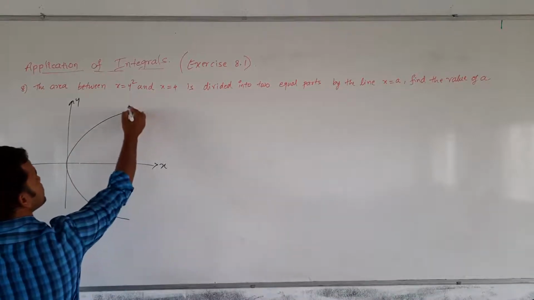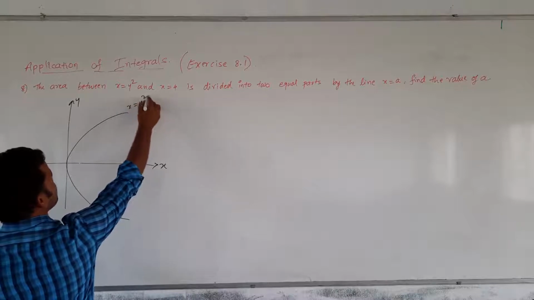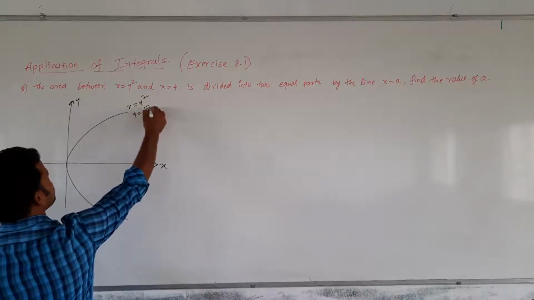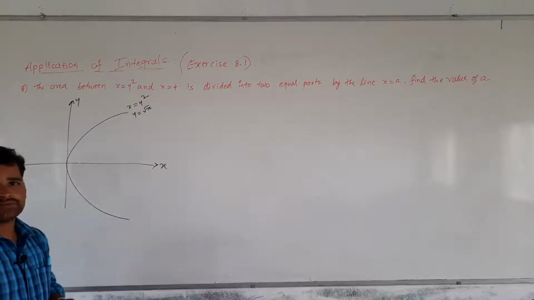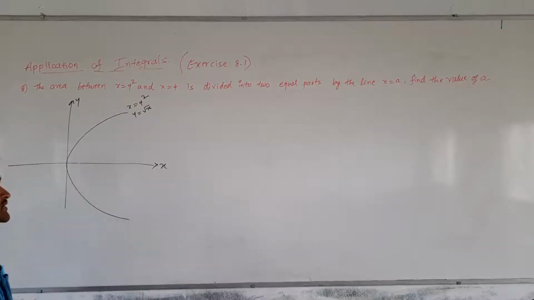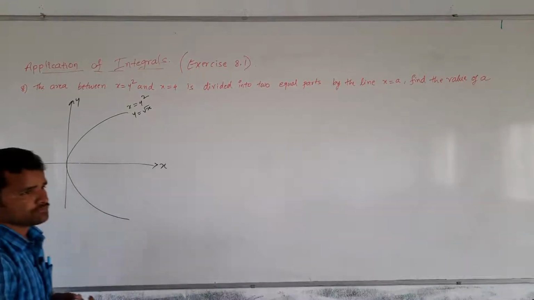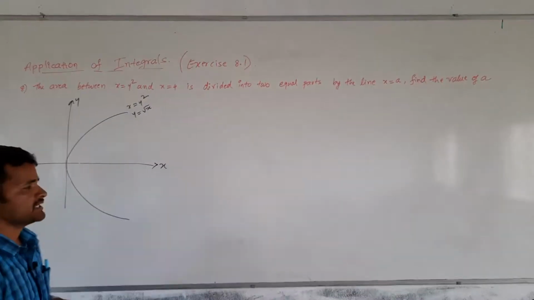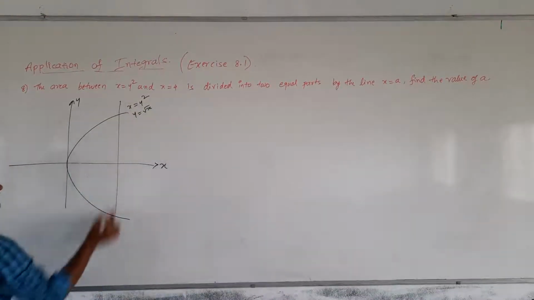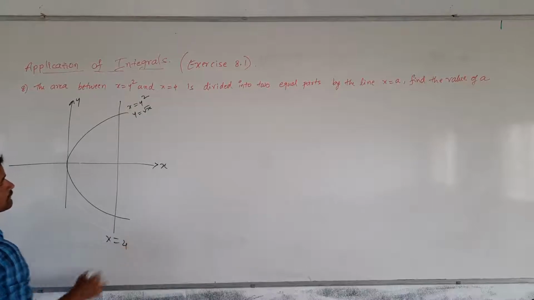This can be written as y is equal to root x. So if you want to consider the vertical strips, y is required, that's why. And x is equal to 4. X is equal to 4 is a line parallel to y axis passing through the point 4, 0. Here will be the line x is equal to 4.